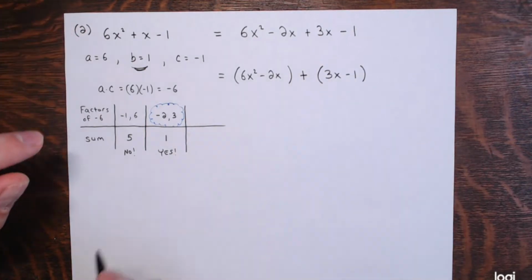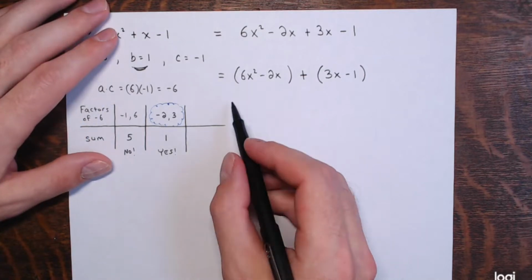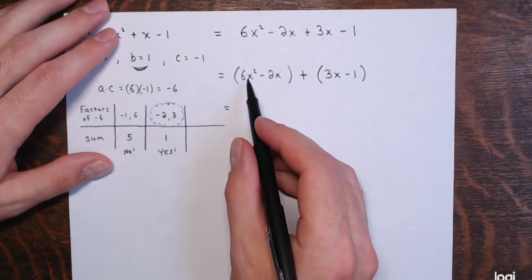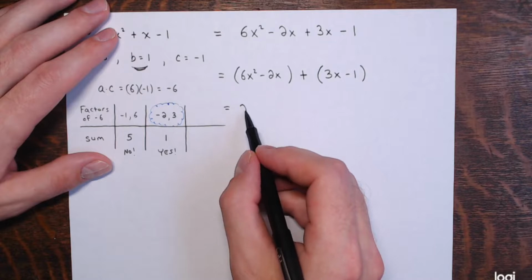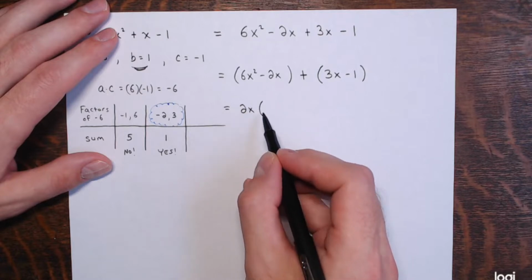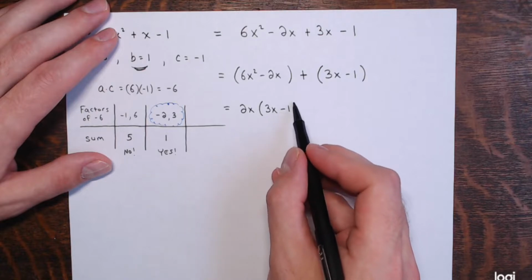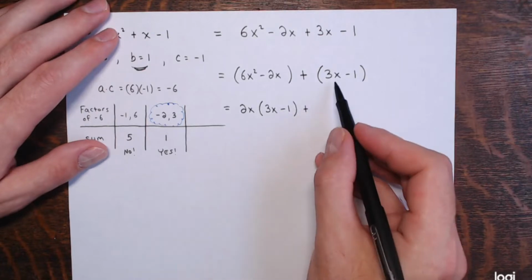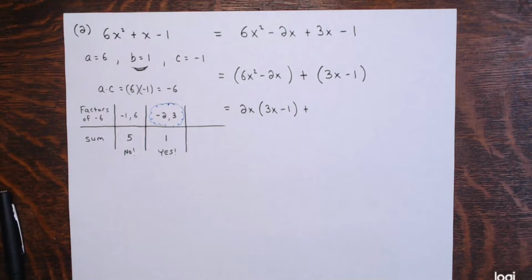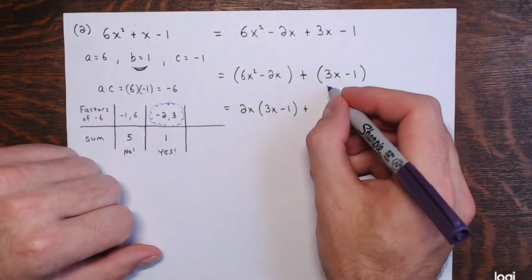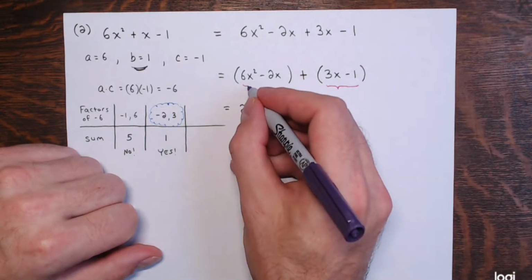Right. Now the first group, the greatest common factor is 2x. So I pull 2x out, and if I do that, what's left over would be 3x minus 1, plus. And then here, when there's nothing in common, I guess I should write it, right?